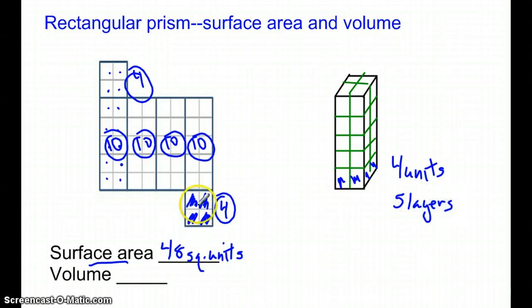So there are 4 units on the bottom, and there are 5 layers. 4 units per layer times 5 layers will be 20 cubic units.